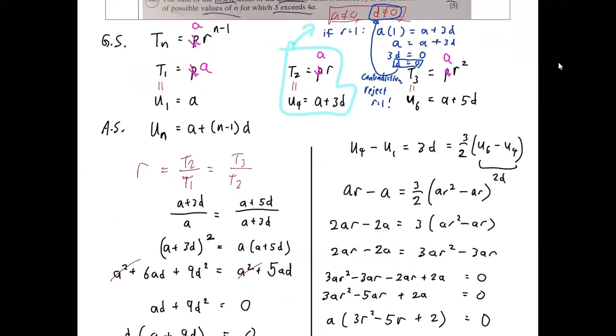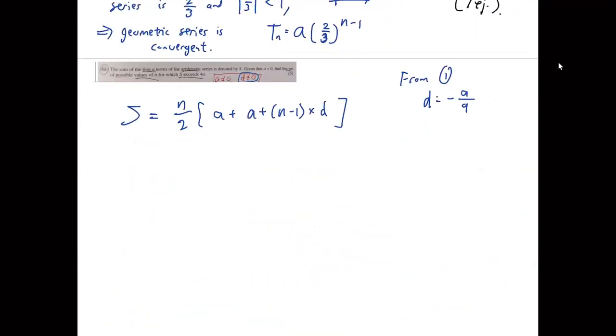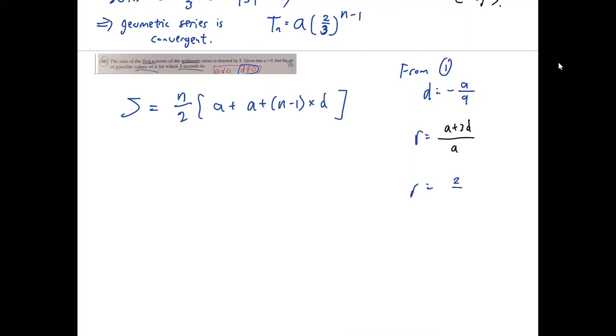Right. We have R equals T2 over T1, which is A plus 3D over A. So R equals this fraction. I can copy it down as well. Then from here, we also know that R is equal to 2/3. Using these three pieces of information, we can solve for A and D already, right?